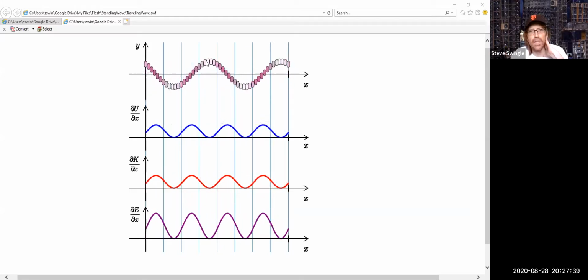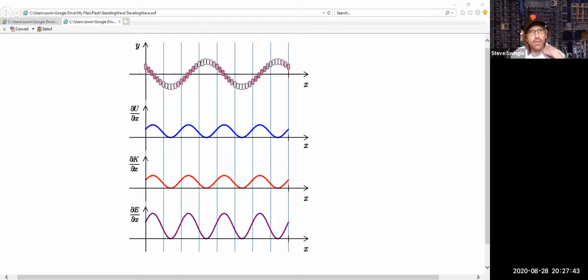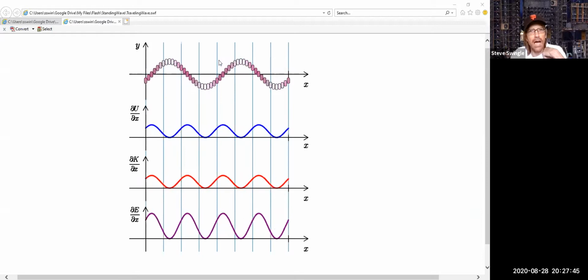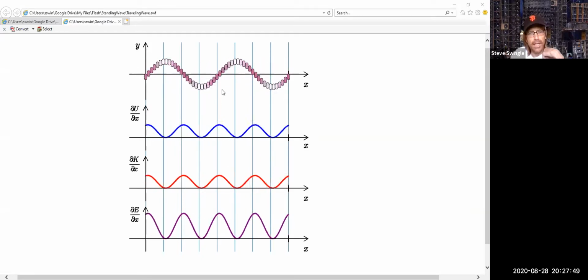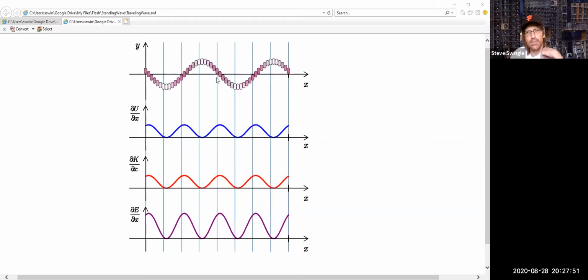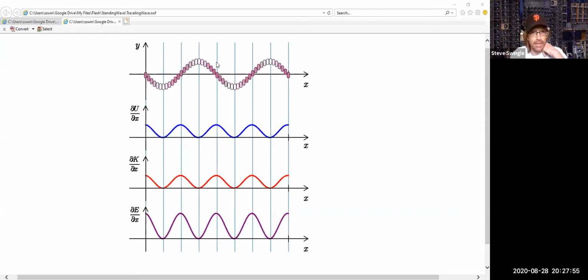Because at the crests and troughs, remember, there's no kinetic energy: the little pieces of string reach the top and stop, and then they go down. Since they reverse direction, there's an instant where they are not moving, so there's no kinetic energy.